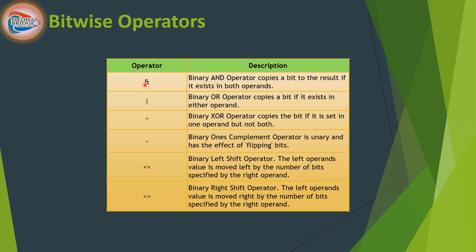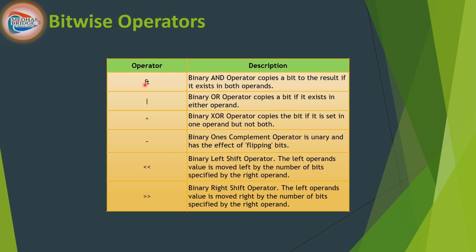The people who are working with a microcontroller or microprocessor and reading the input and output pins, for those folks this concept is very important. That is one reason why bitwise operators were introduced in C programming. This is a basic building concept for them.